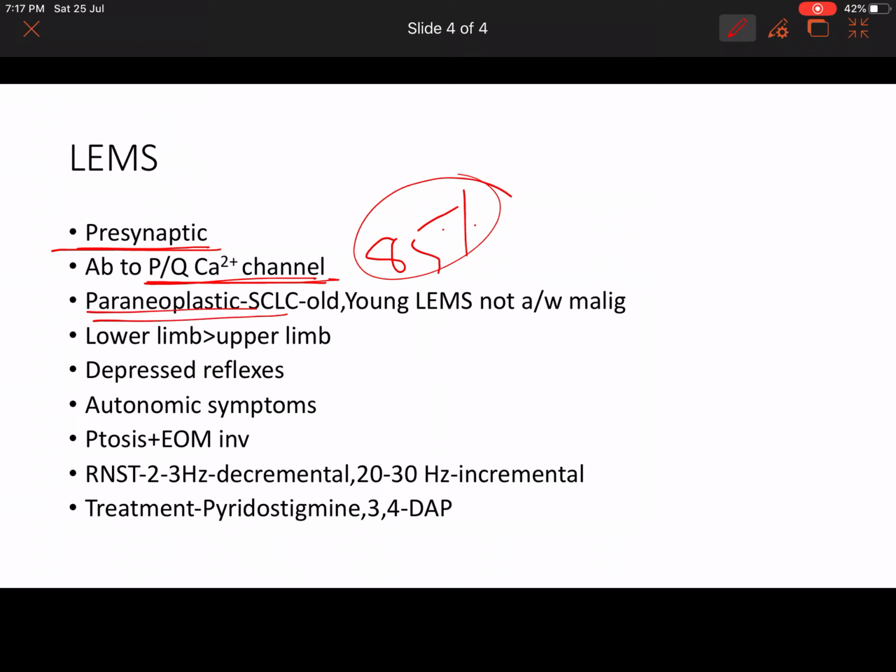paraneoplastic. They are associated with small cell carcinoma in the old patients, but in the young patients there will be no association with malignancy. It's still not known why these patients develop it, but maybe an antibody mediated destruction. What is the cause of that antibody? We don't know.